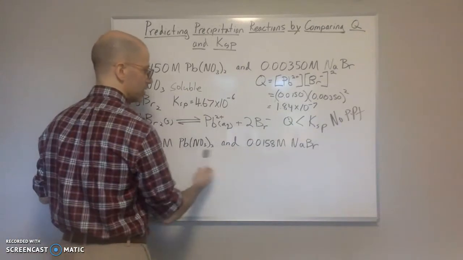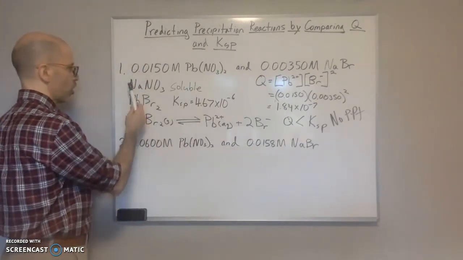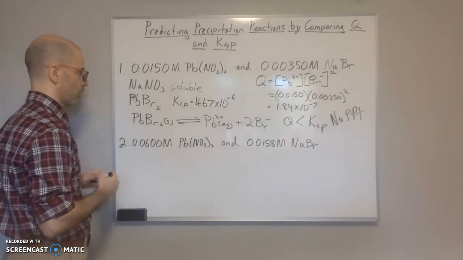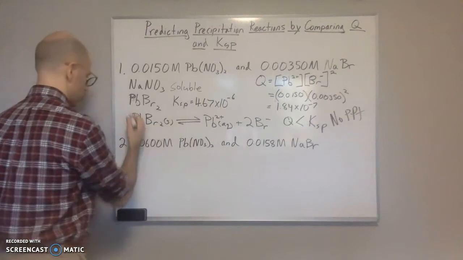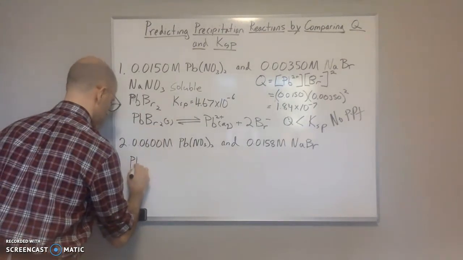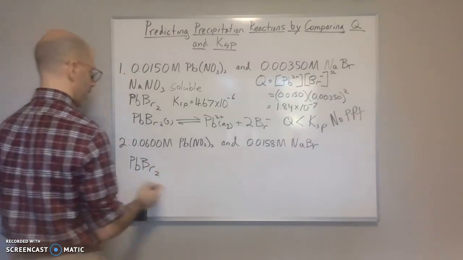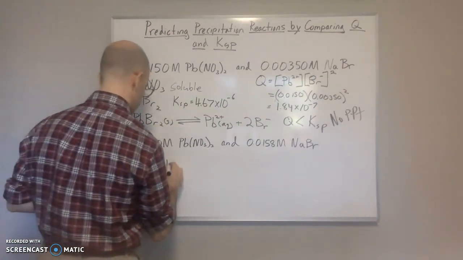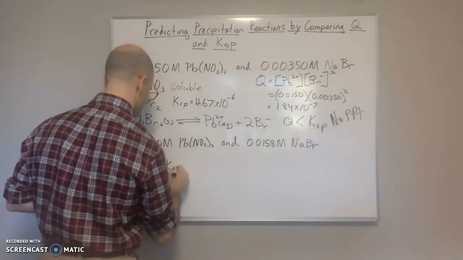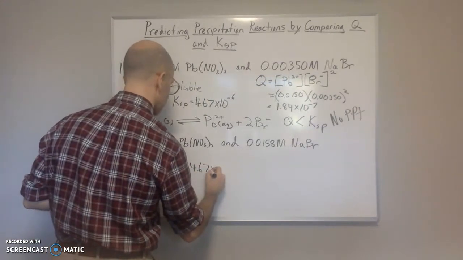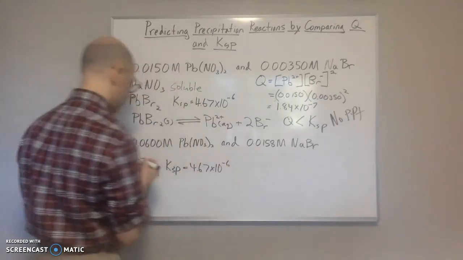Any sodium nitrate is going to be soluble, so we don't need to worry about that. So it's back to PbBr2, and again, the Ksp is equal to 4.67 times 10 to the negative 6.